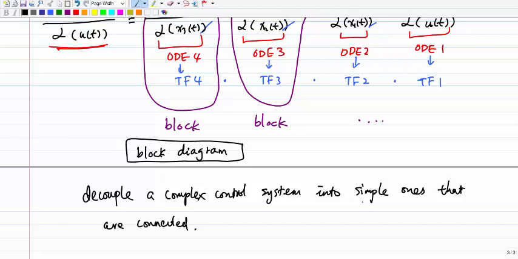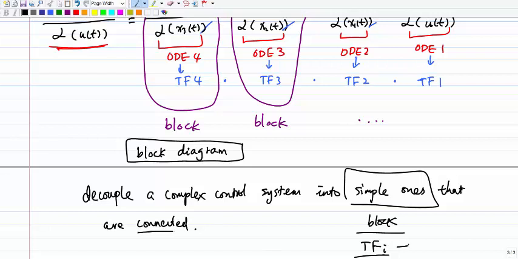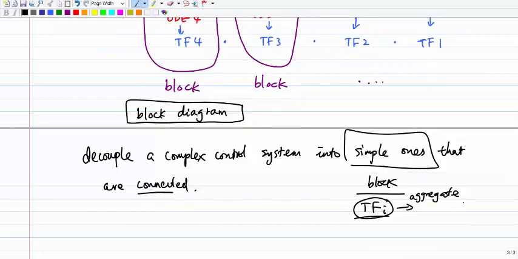These simple ones are called blocks, because for simple ones the transfer function is really easy to find out. All the transfer functions will be combined according to the connection, and I can aggregate them to find the overall transfer function.